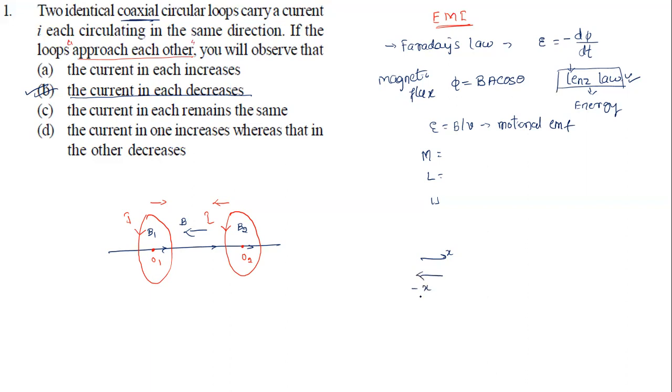Opposite. If it is decreasing, it tries to increase. If it is increasing, it tries to decrease. That's what this law does. So that's what you need to remember. I hope question number 1 is clear to all of you. Can we move on to the next question?